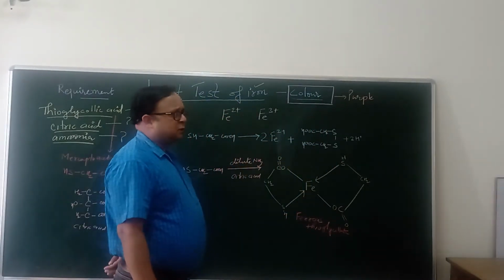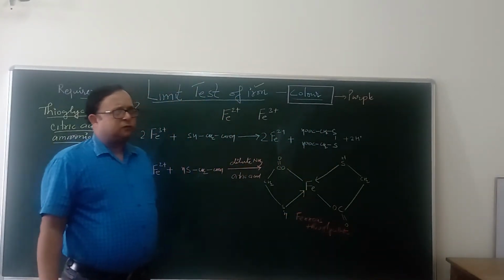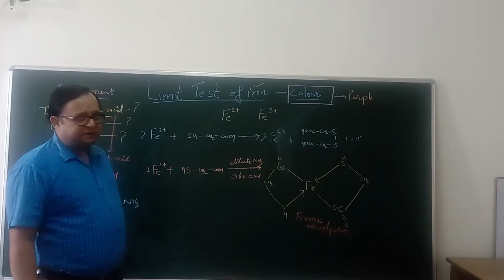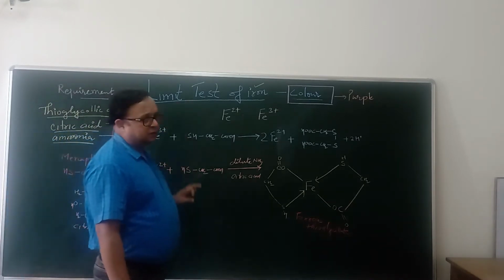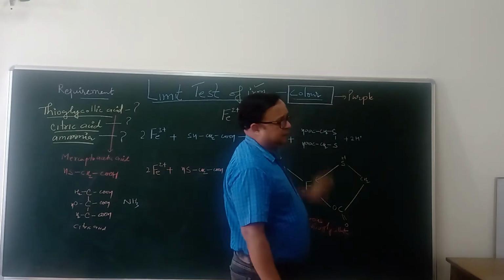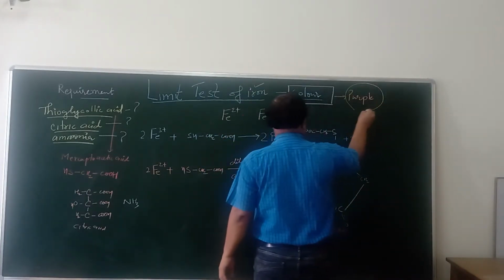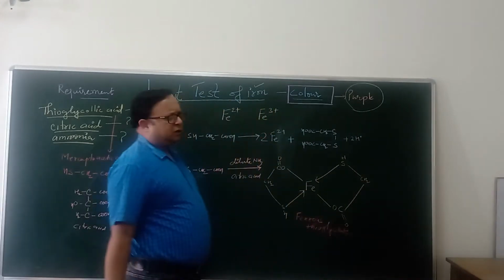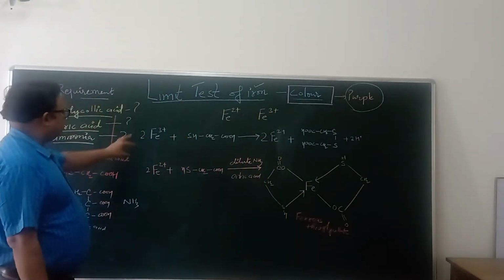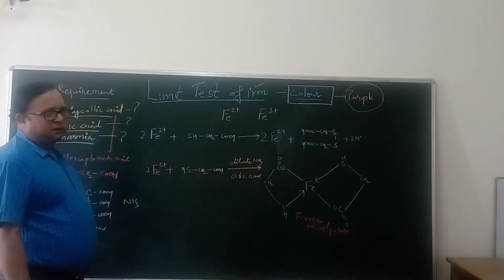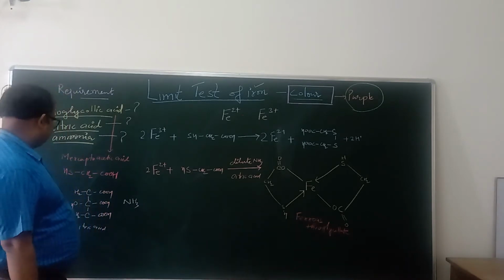The two limit tests, chloride and sulfate, were based on the observation of turbidity or opalescence. This limit test is based on the observation of the color, and the color here observed is the purple. So let's see first of all what is happening in this limit test.